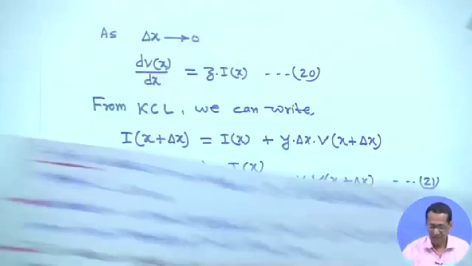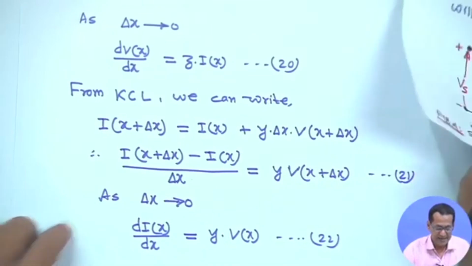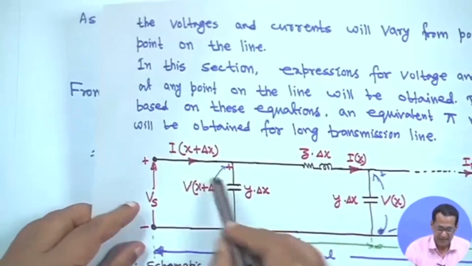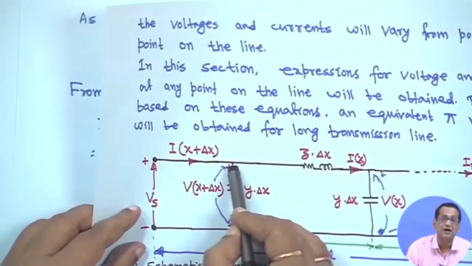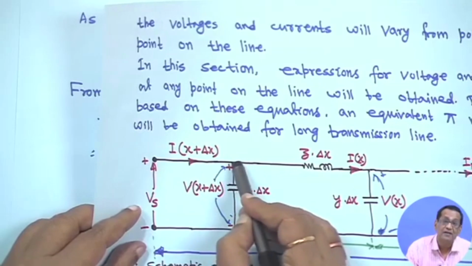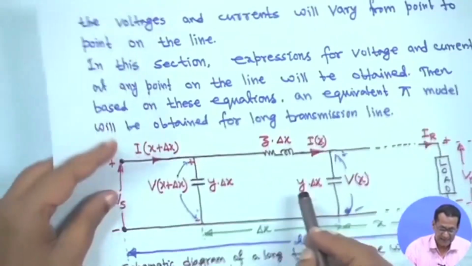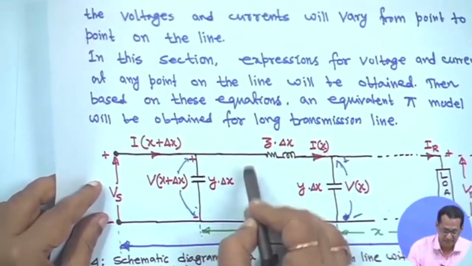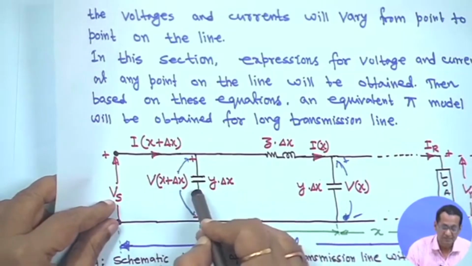Similarly, if you apply KCL, Kirchhoff's first law at this point, then I x plus delta x will be equal to this branch current I x plus the shunt admittance small y into delta x into V x plus delta x.